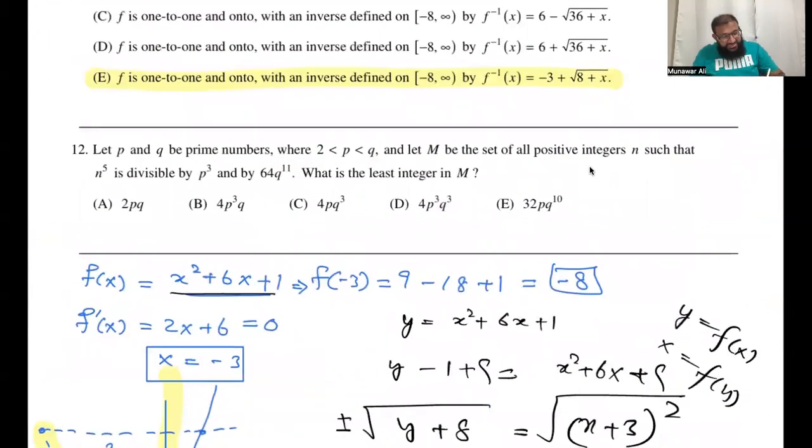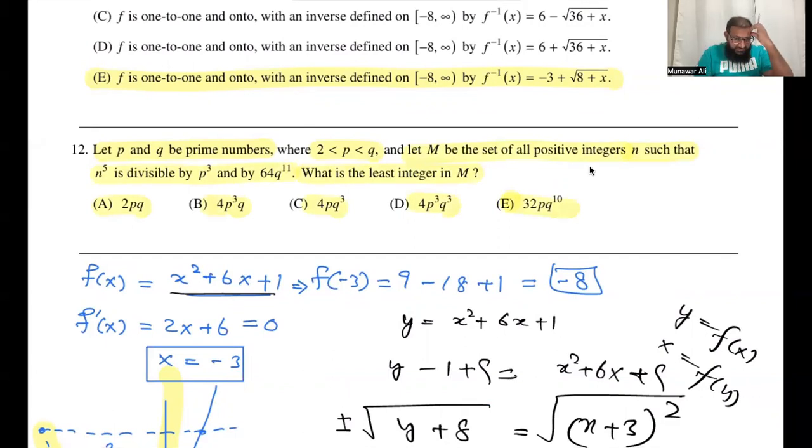This question says that P and Q are prime numbers where P is smaller than Q and P is bigger than 2. M is a set of all positive integers. N is such that n power 5 is divisible by these. What is going to be the least integer in M? So these are the values of M which are given to me.